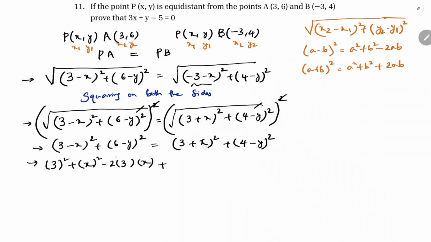Next, (6 minus y) whole square: 36 plus y square minus 12y.